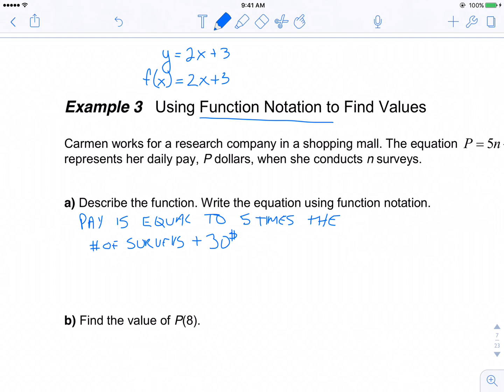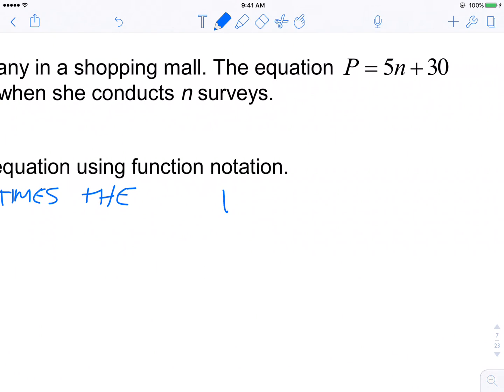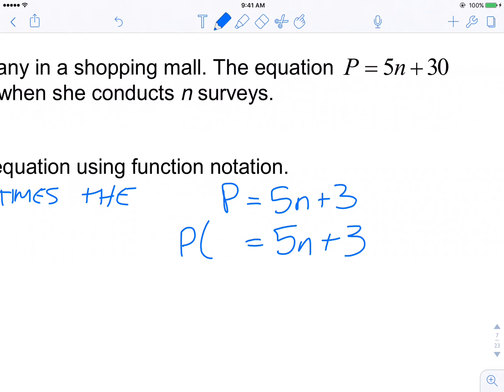Writing it in function notation, so this is our original equation. P is equal to 5n plus 30. Function notation, I leave the equation part or the second part the same, and I just change this to P(n).